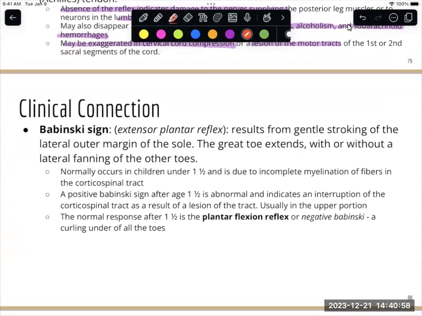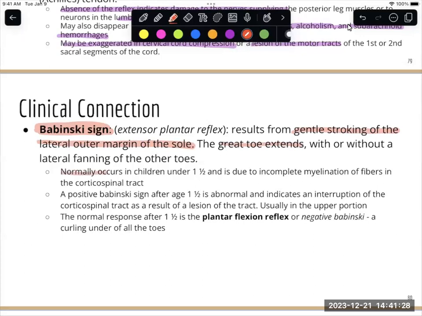This is a pathological reflex in anybody over the age of 18 months. Babinski sign. So what you do is you take something and stroke the lateral outer margin of the bottom of somebody's foot. The toes all kind of extend and fan out.